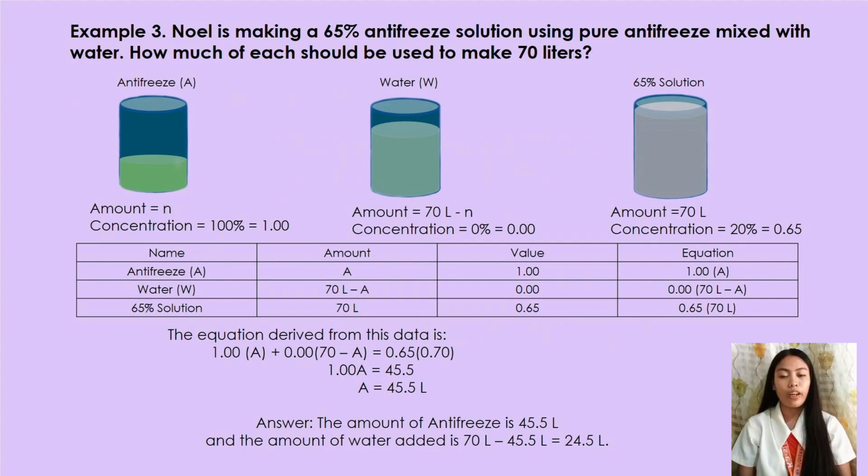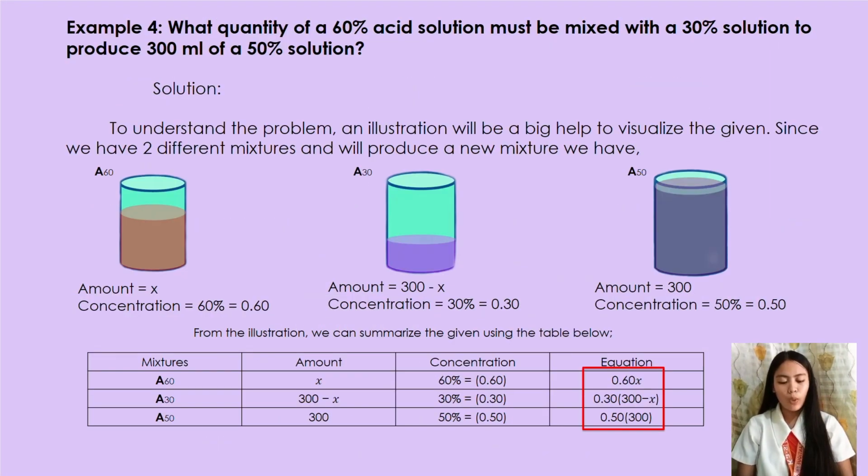And lastly, for our example number 4, what quantity of a 60% acid solution must be mixed with a 30% solution to produce 300 ml of 50% solution? For the mixtures, the names are A60, A30, A50. Their amounts: X, 300 minus X, and 300.